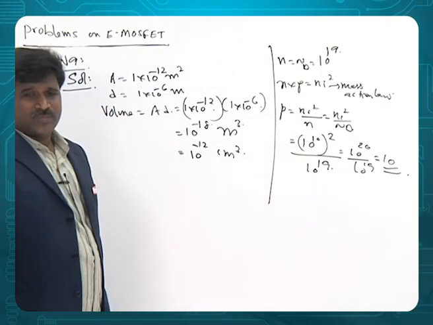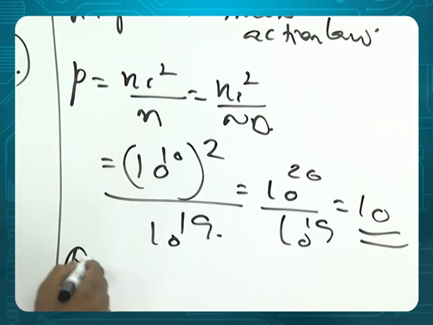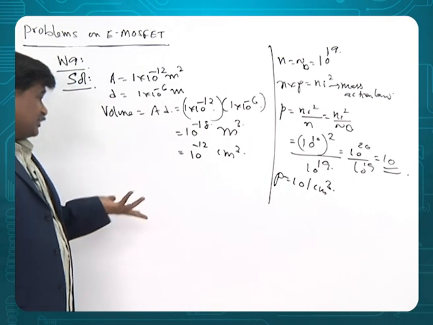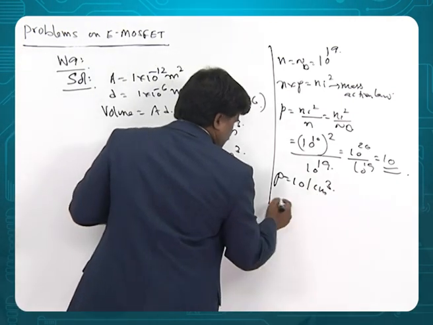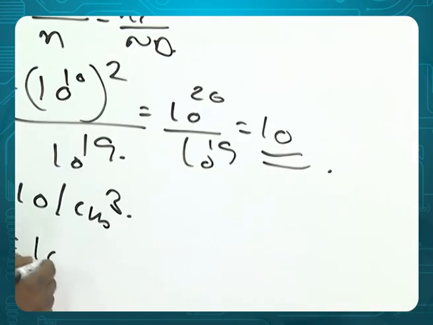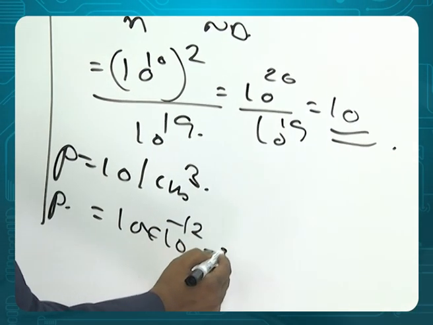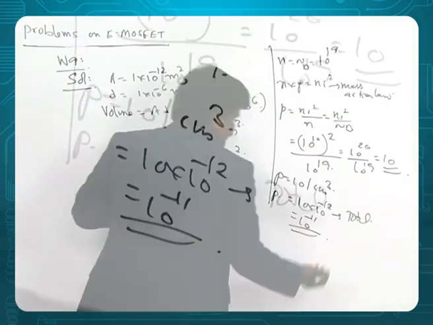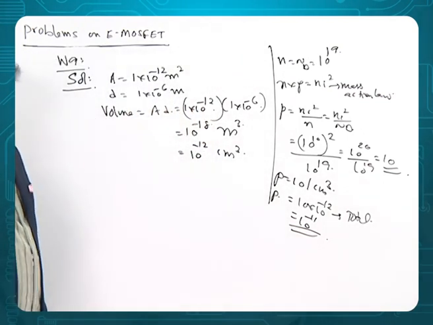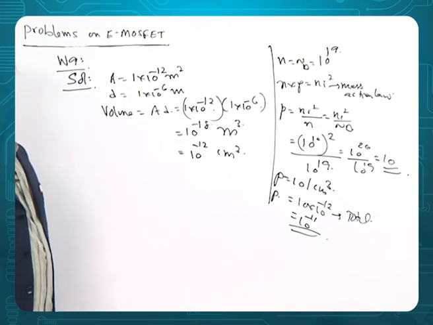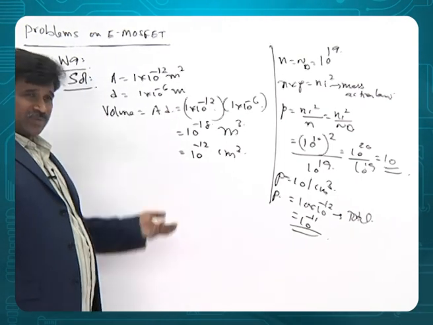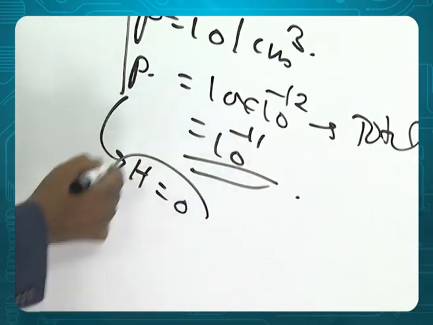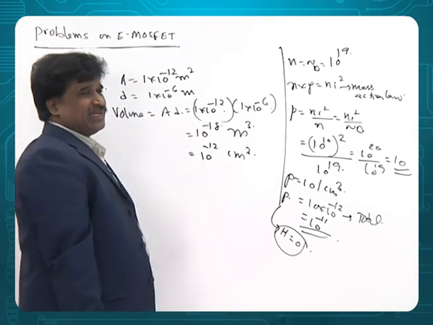So the hole density is 10 per cubic centimeter. If it is 10 per cm³, then for the total volume, p is 10 × 10^−12, which becomes 10^−11. So 10^−11 is the total number of holes in that volume, but the number cannot be a fraction, so the number of holes is 0.